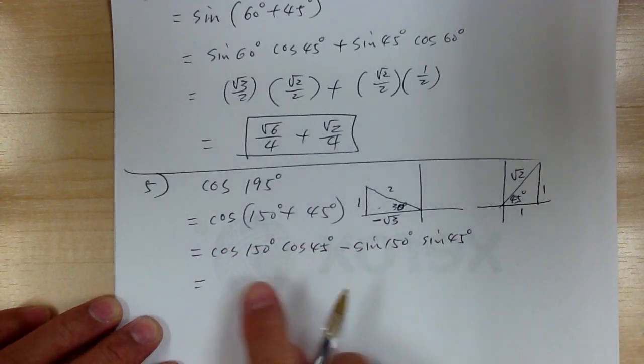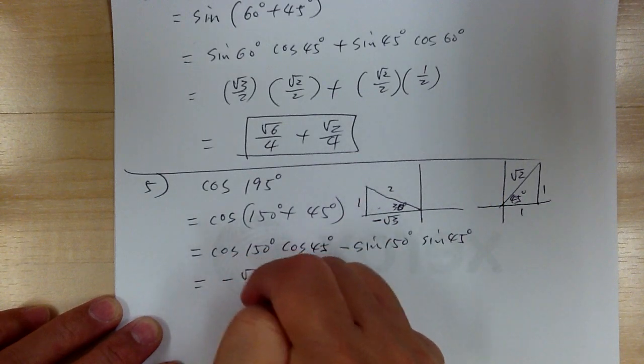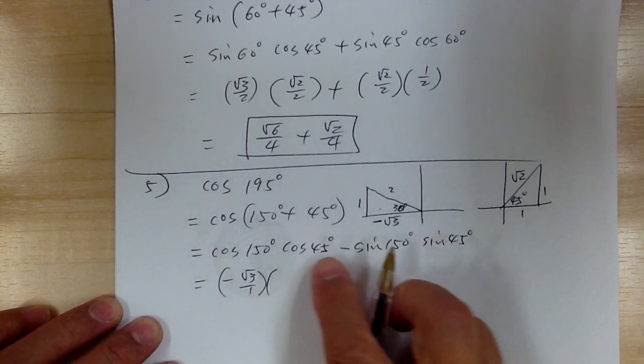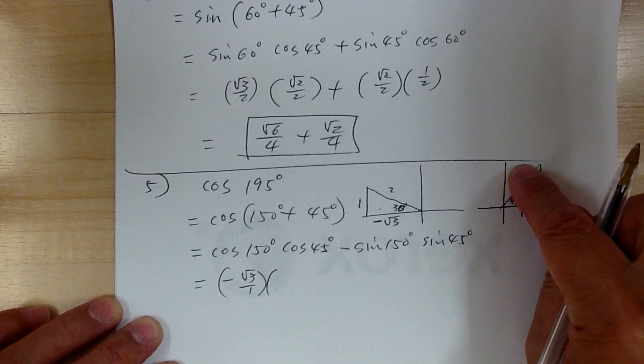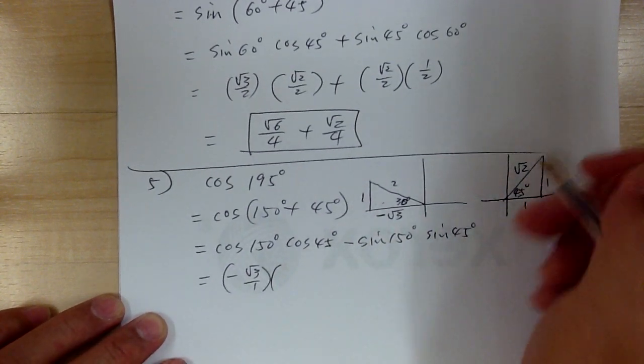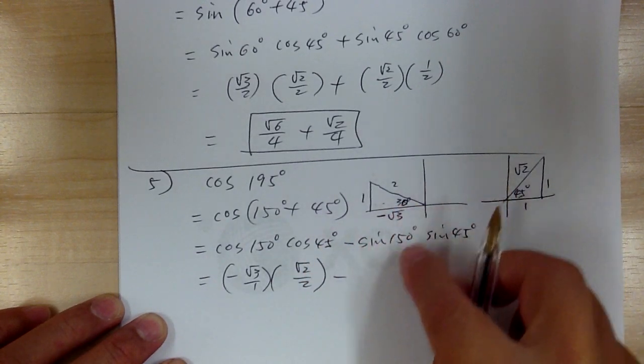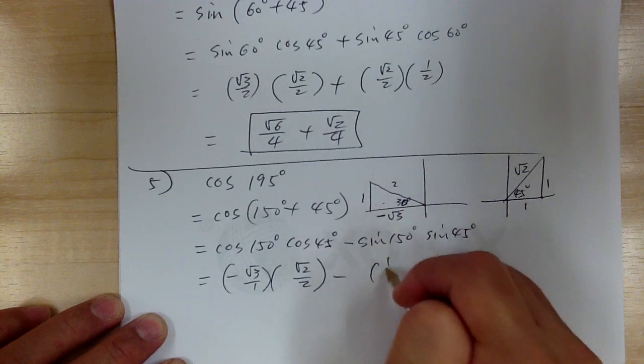Okay, so when you evaluate cosine of 150, cosine is this over there, so it would be negative square root of 3 over 1. Cosine of 45 is this over that, and when you simplify, you get square root of 2 over 2. Sine of 150 is this over there, so it would be 1 over 2.